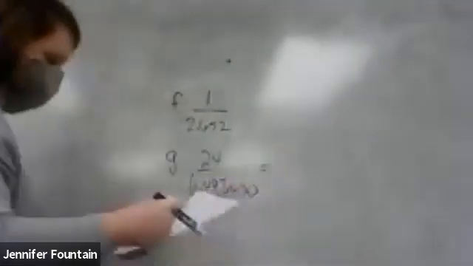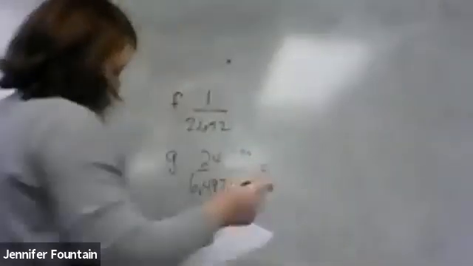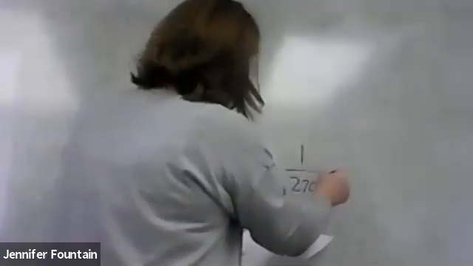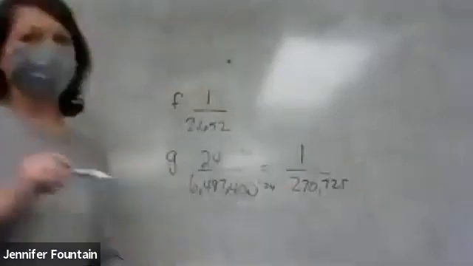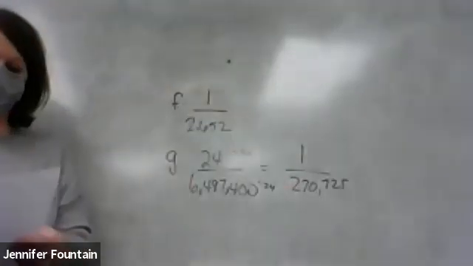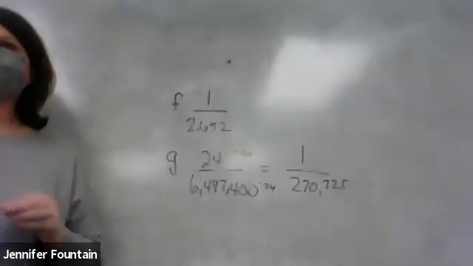And when I reduce that, I can divide both by 24. And my reduced is going to be 1 out of 270,725. So think about that for a minute. Do you have a better chance of getting the king of diamonds and then the king of clubs, or 4 aces in a row?